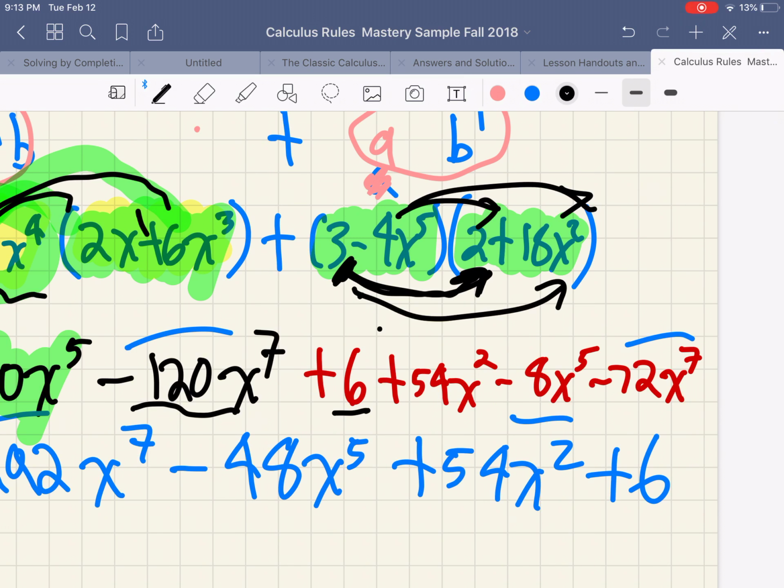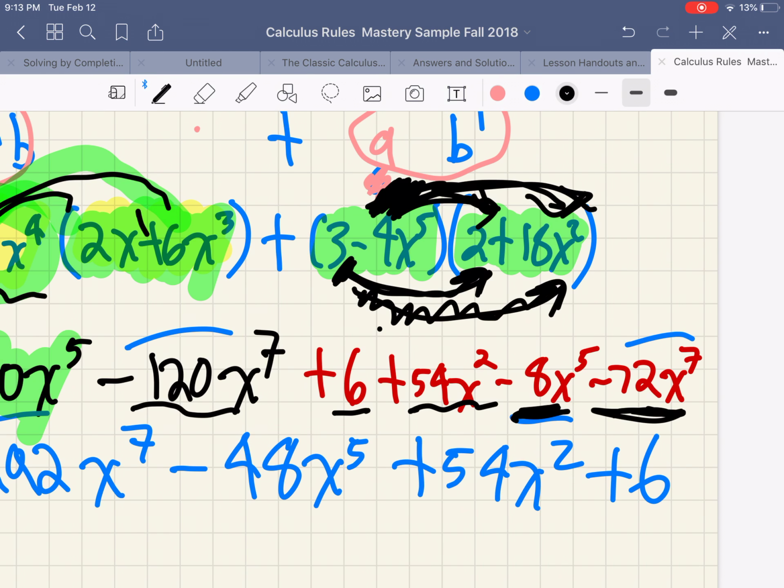Then it's the 3 multiplied by the 18x squared to get 54x squared. Then I move to the top here, and I have negative 4x to the 5th multiplied by 2, which gives me negative 8x to the 5th. And finally, the negative 4x to the 5th multiplied by the last term, 18x squared, which is negative 72x to the 7th.